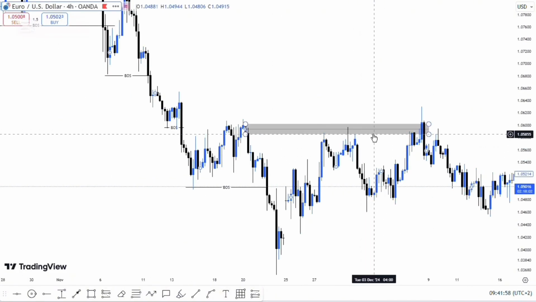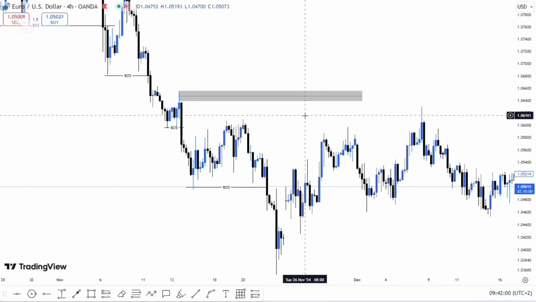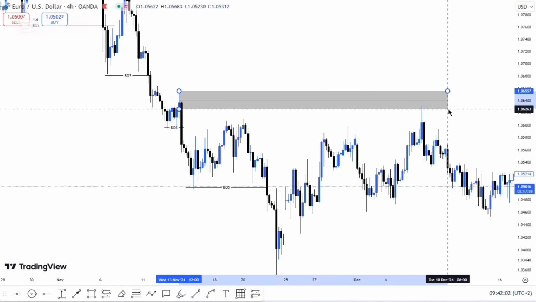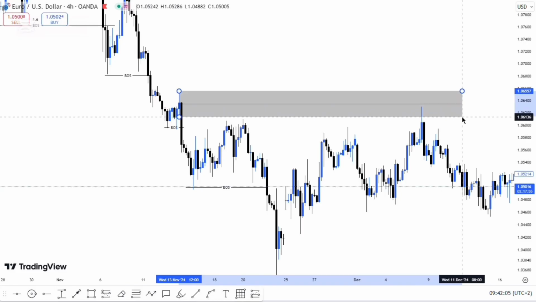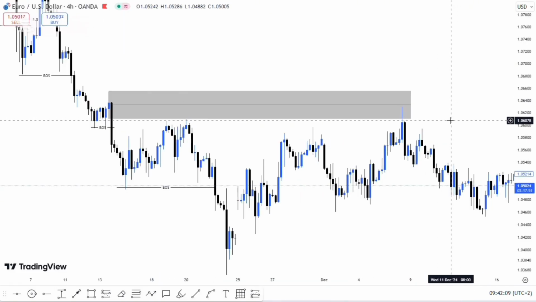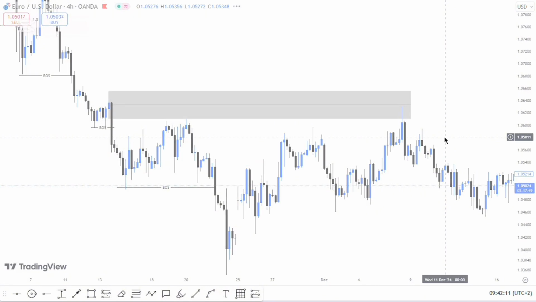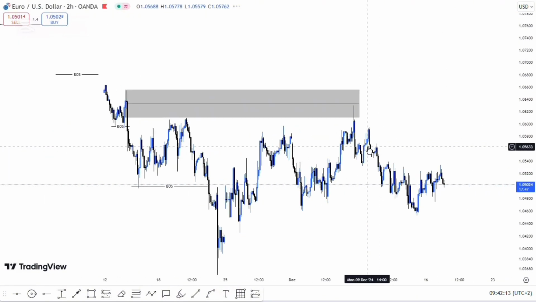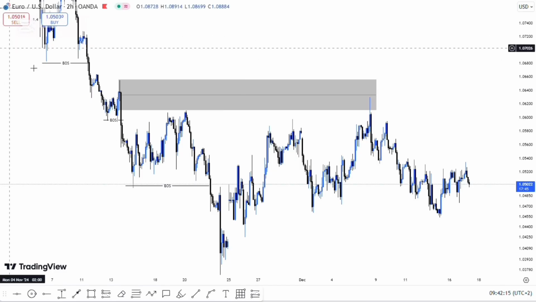So the next thing that I had to wait for was the other break of structure, which is a recent one, which is a 4 hour order block. So let's move down to 2 hours to get a clearer chart.